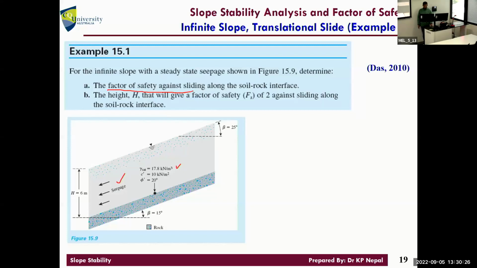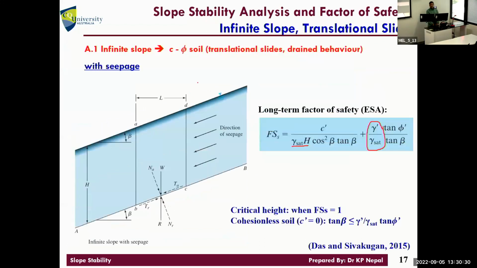Seepage equation I need to use. Can I go back? Can you copy this now? Because with seepage here, I'll get the calculator. So with seepage here, can you copy this formula for factor of safety first? Yeah. Put it in your paper.